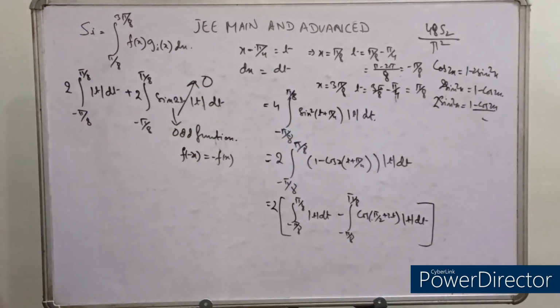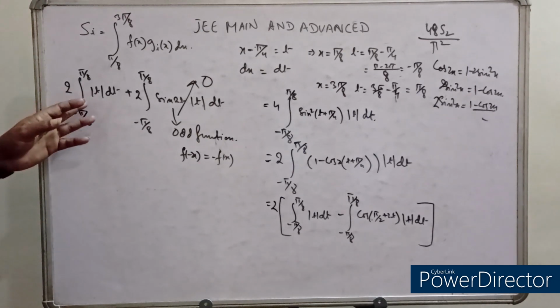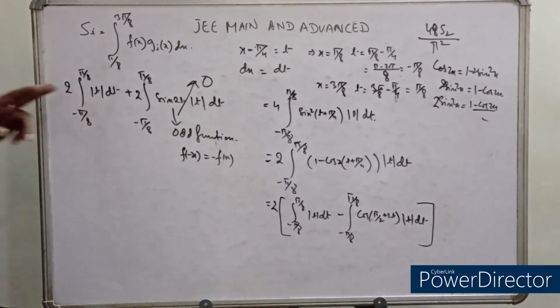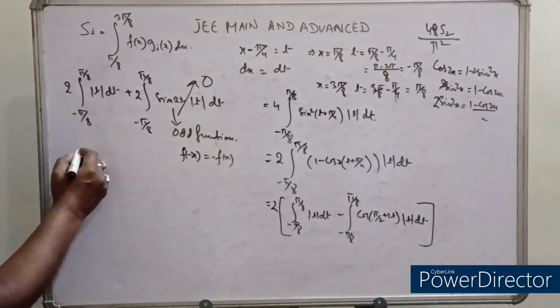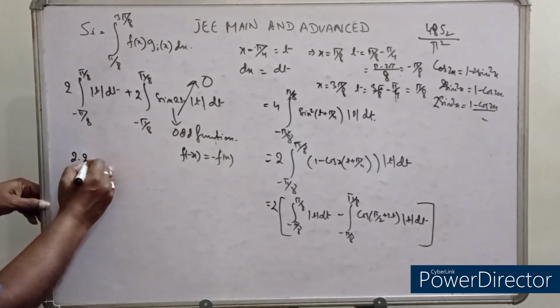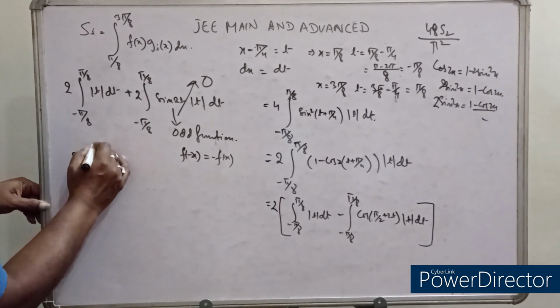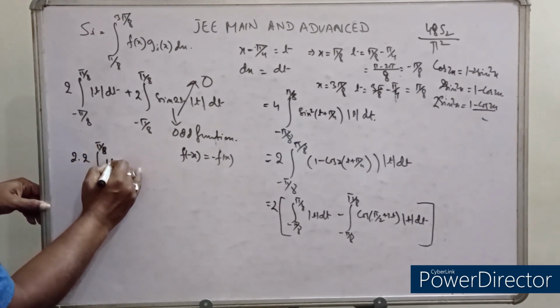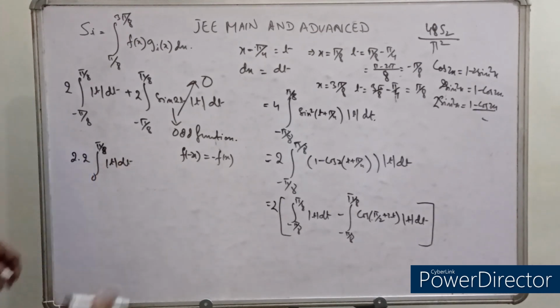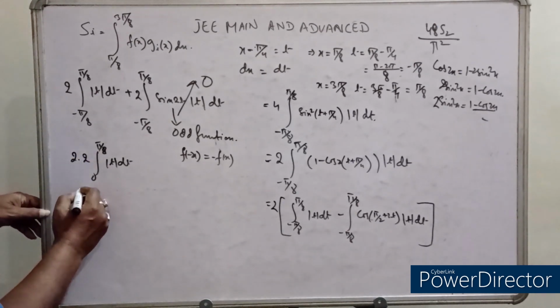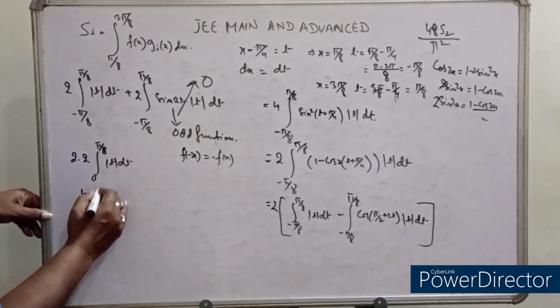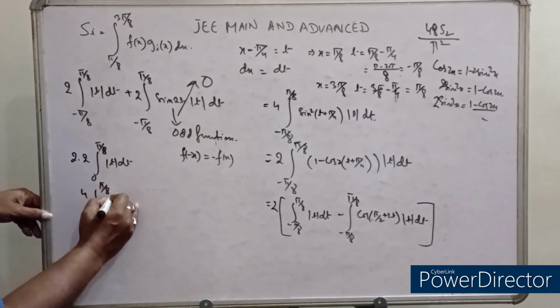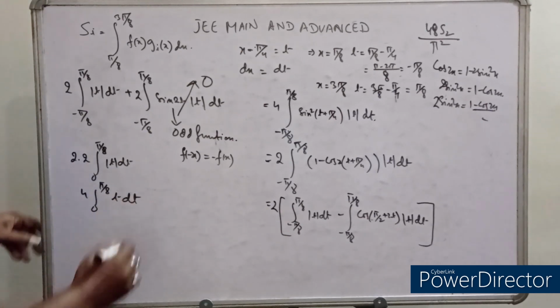And this is an even function, because f minus x goes to fx, it is positive. So for an even function, it will be 2 times 0 to pi by 8 modulus t dt. This is positive, you are taking the positive value, so this will be 4 times 0 to pi by 8 t dt.